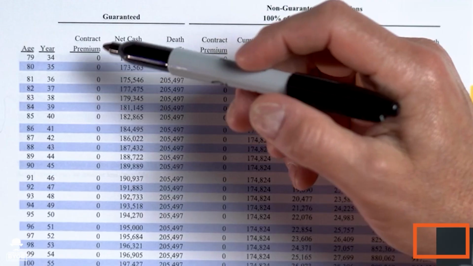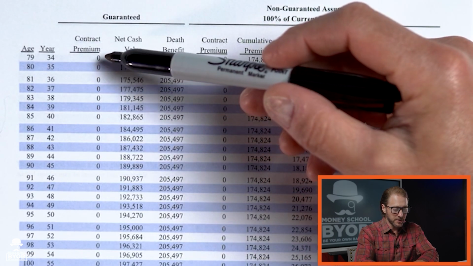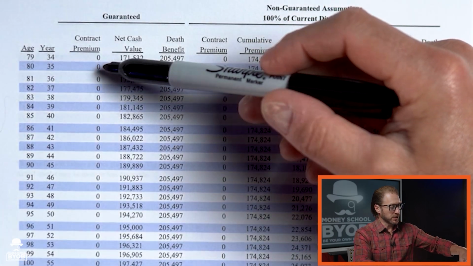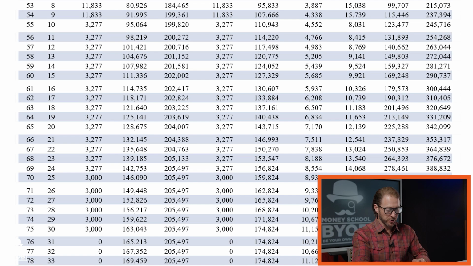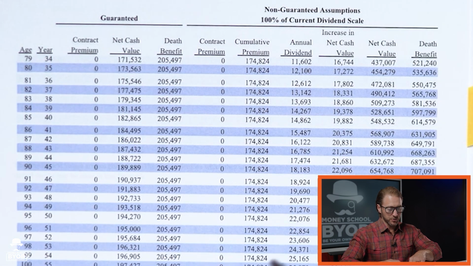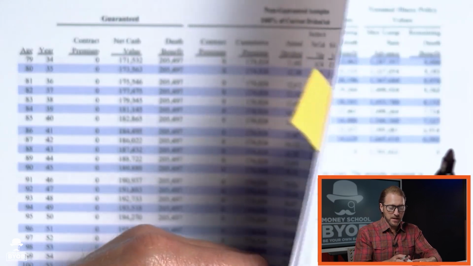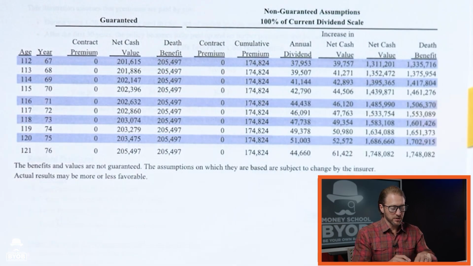We're not going to get too deep into the numbers, but here you can see 34 years in, your contract premium went to 0. Just like we read in that earlier part of the illustration, after the 30th year on the prior page, your premium goes to 0 and remains 0 until you get to 121. Now, if you make it to 121, like we mentioned, let's look at that real quick.